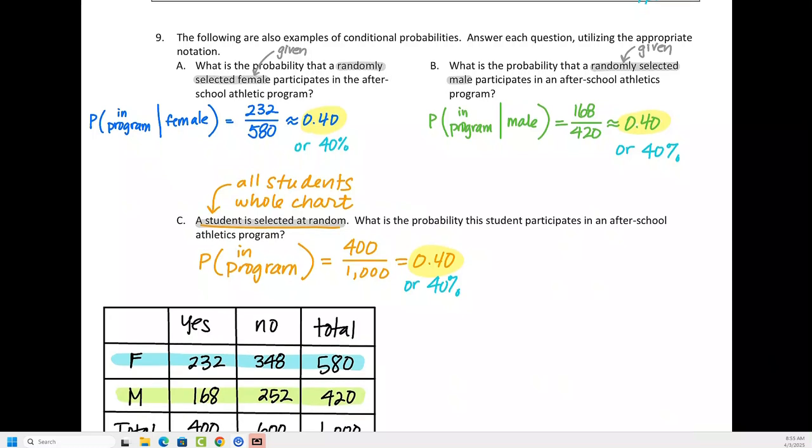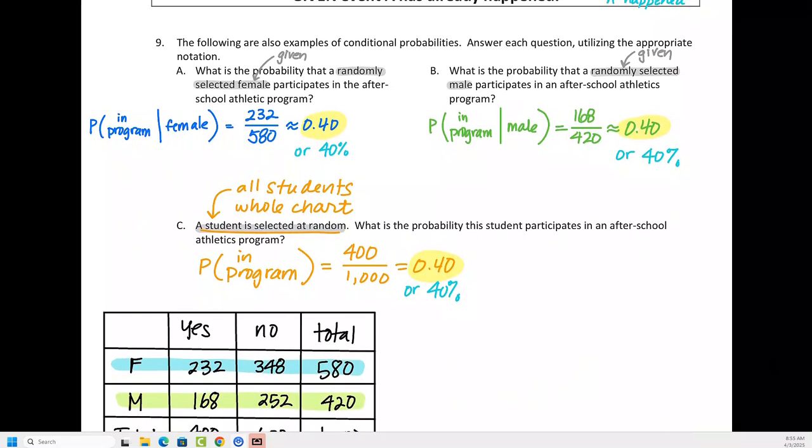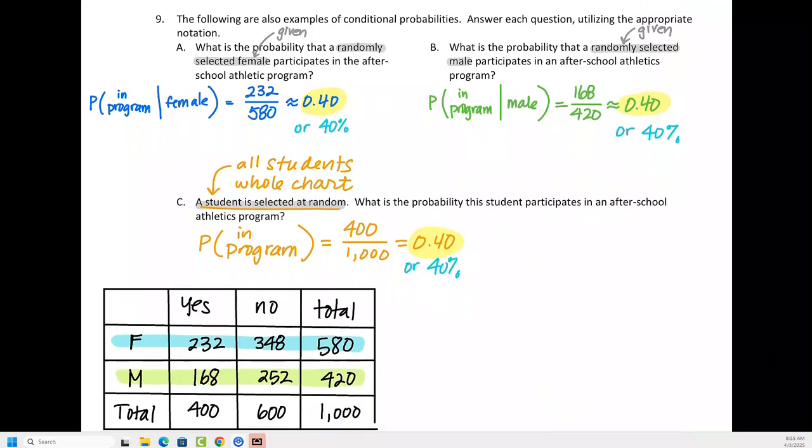Of the males, we know that 40% of them participate in a program. Of all the students, we know that 40% participate in a program. So does it look like one gender is given preferential treatment? No, doesn't look like it, right? Based on the information, okay?